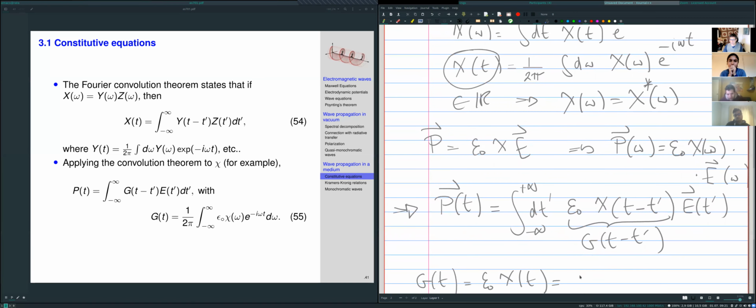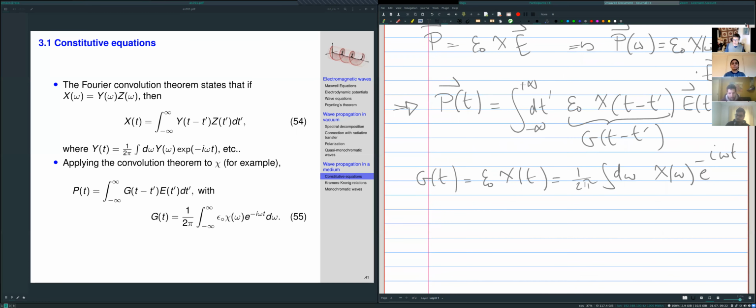So it's 1 over 2 pi times the integral over omega of chi of omega e to the i omega t. Okay.